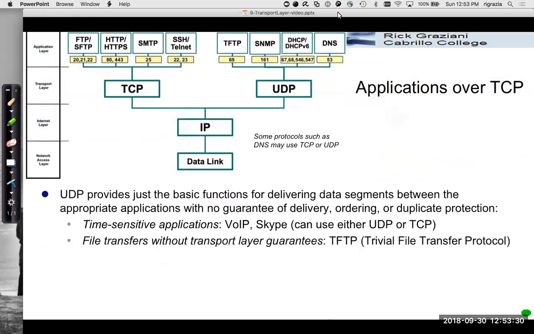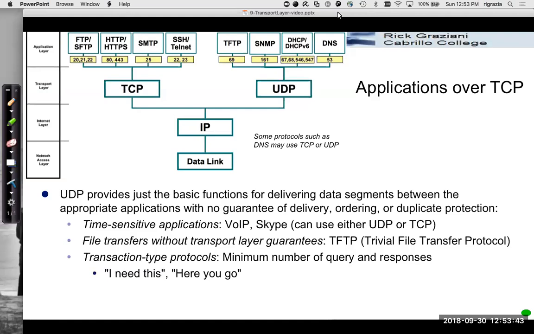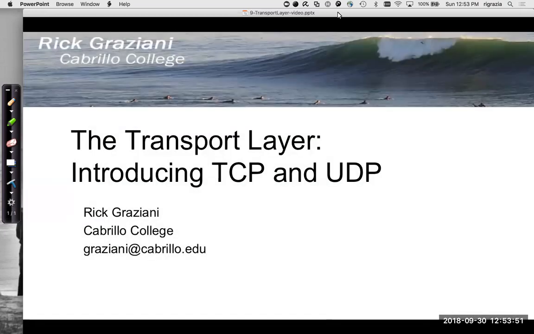File transfers without any transport layer guarantees, where the application, if it wants that, will have to handle it. Transaction type protocols with a minimum number of queries and responses, like, I need this, here you go. We mentioned DHCP and DNS. We have a lot more coming on both these protocols, especially TCP, so stay tuned.